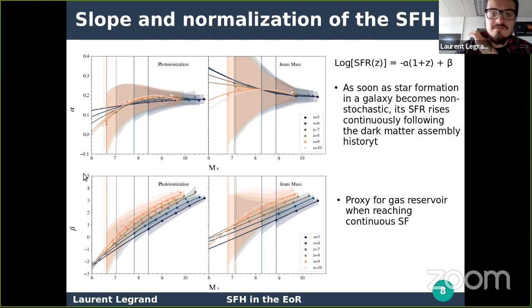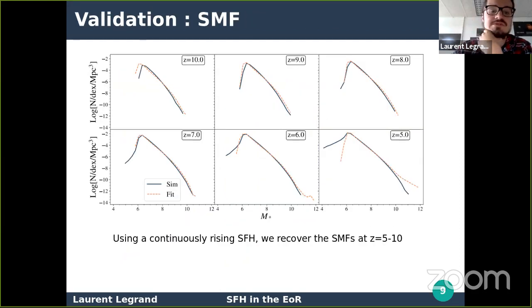So now we have the fit of the star formation history, as well as the transition point from which this fit is reproducing the star formation history very accurately. And we can check if it gives good results.